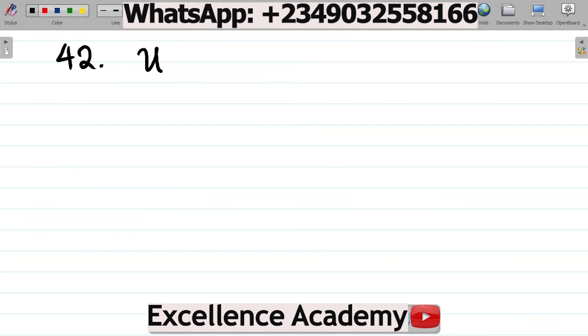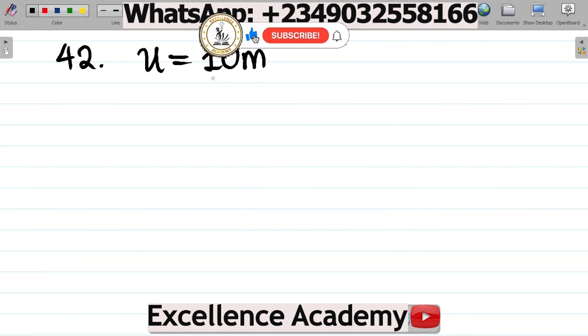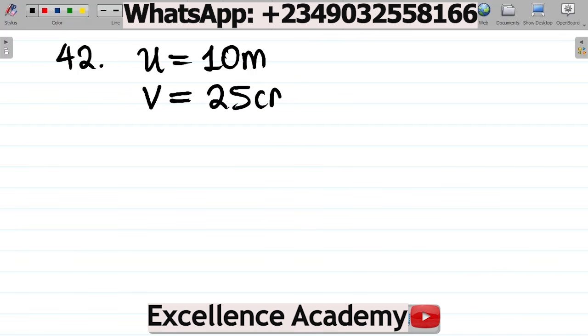The object distance u is equal to 10 meters because the object is placed at this distance. And they said the length of the pinhole camera. Note that the length of the pinhole camera is the same thing as the image distance, v, and here the value of v was given as 25 centimeters.